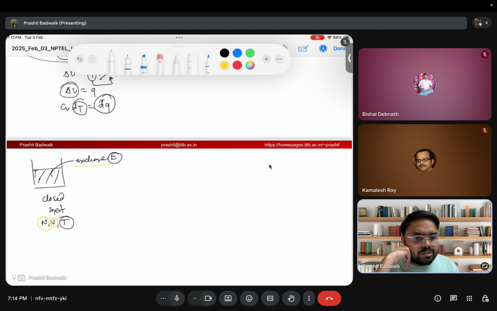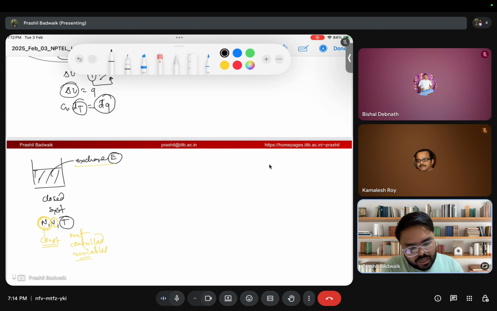Mass is not being exchanged because it is a closed system. So what I'm controlling is number of particles, volume, and temperature. So these are my natural variables or controlled variables, right?